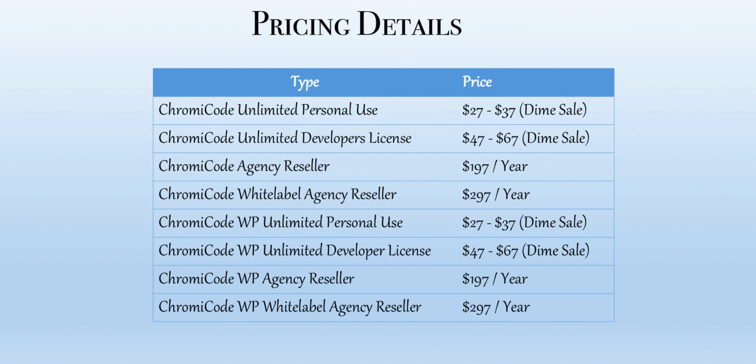And then there is another section or category of this ChromiCode that's called WP Unlimited Personal and WP and everything. So the difference basically is that you can automate the notifications update literally from your WordPress website. So you take the RSS feed URL of your WordPress website and you basically create an extension, and that's all.